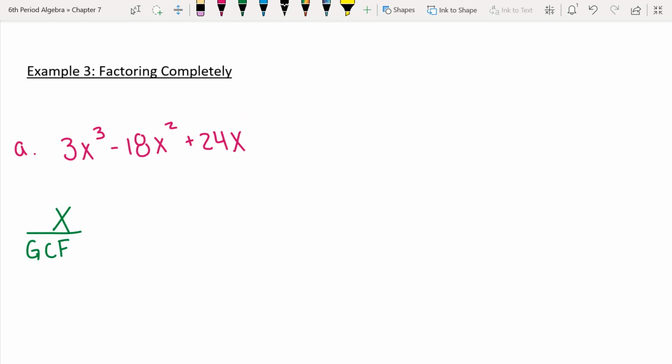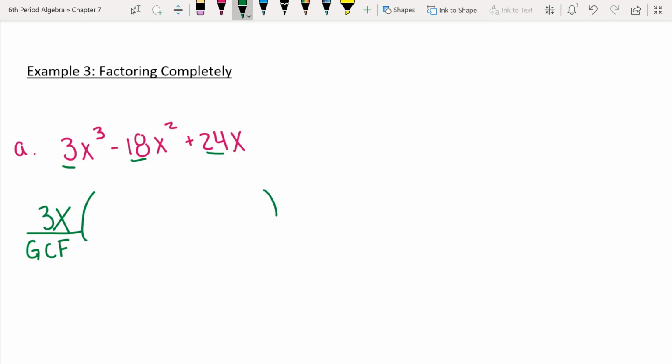That means the variable x is what they all have in common. Now let's compare the numbers. We have coefficients of 3, 18, and 24. The GCF between those three numbers is 3. That means my GCF is actually the product 3x.